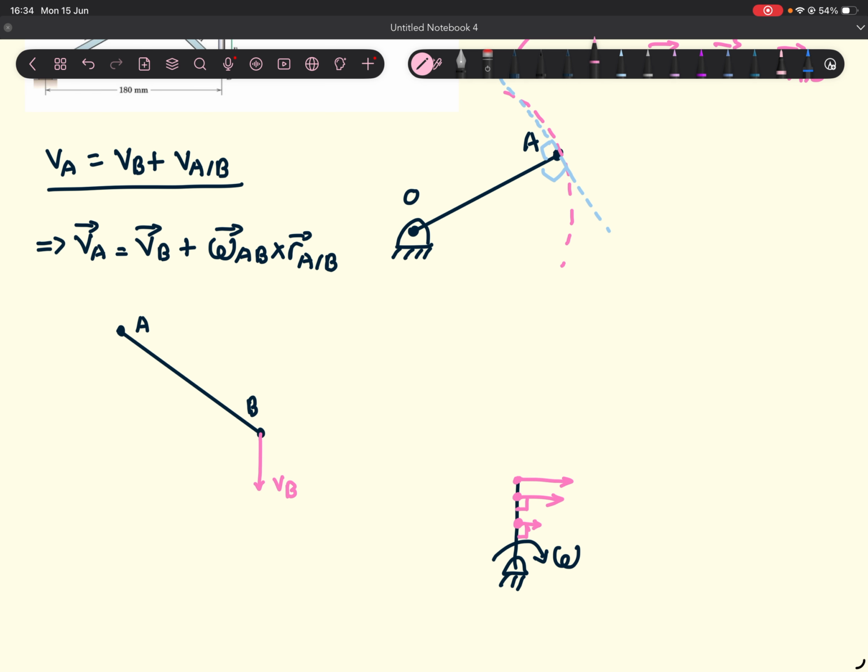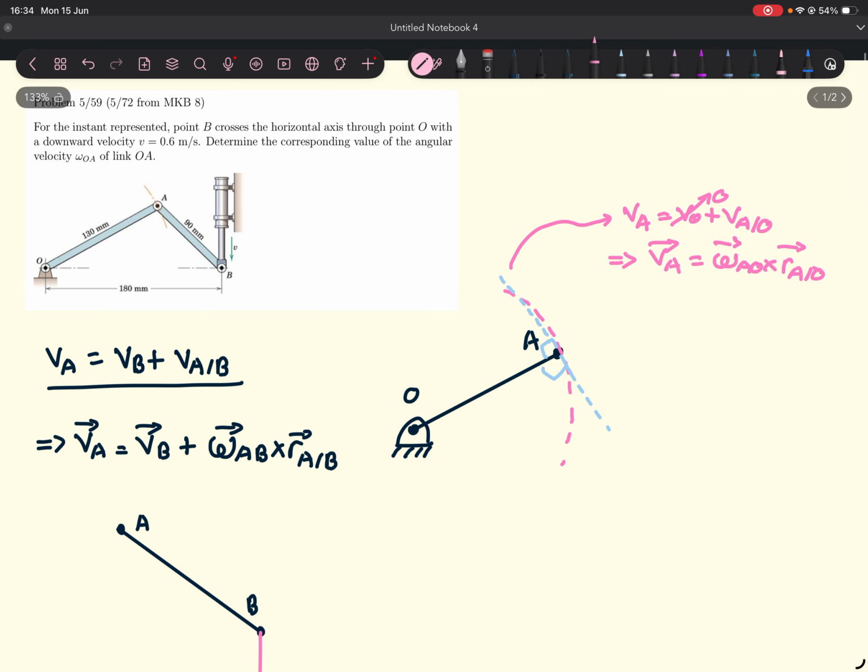So the further away you get from the center of rotation, the larger the vector will be, right? So cool, we've now figured out the direction of VA. I'm just going to draw it in again. So I have VA here, and I know that it's perpendicular to AO.